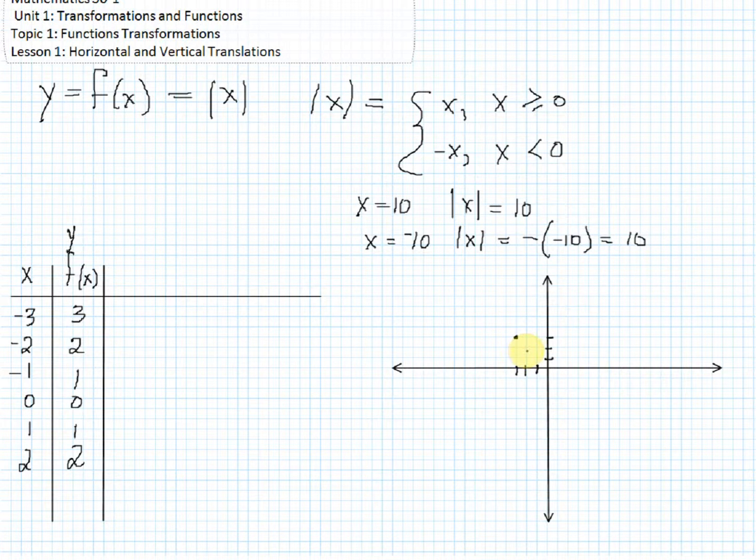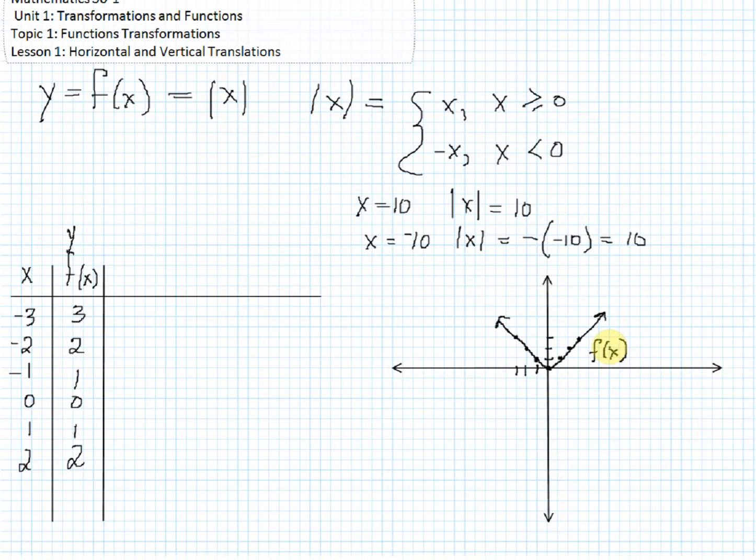Then we have negative 2 and 2, negative 1 and 1. We get 0 and 0, 1 and 1, 2 and 2, and 3 and 3. And you can see that we get this very distinctive V shape. That is the shape of the absolute value function, f of x.